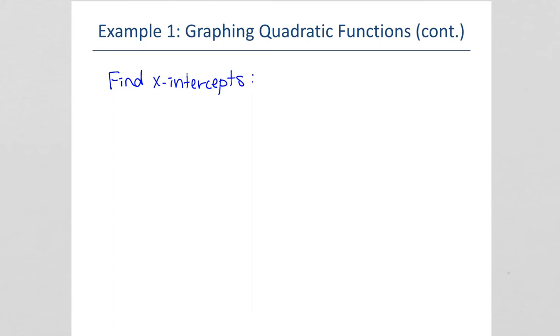And where the graph crosses the x-axis, y is always 0. So to find the x-intercept, we let y be 0. So in our equation, we're going to put in 0 for y. And then we solve for x.